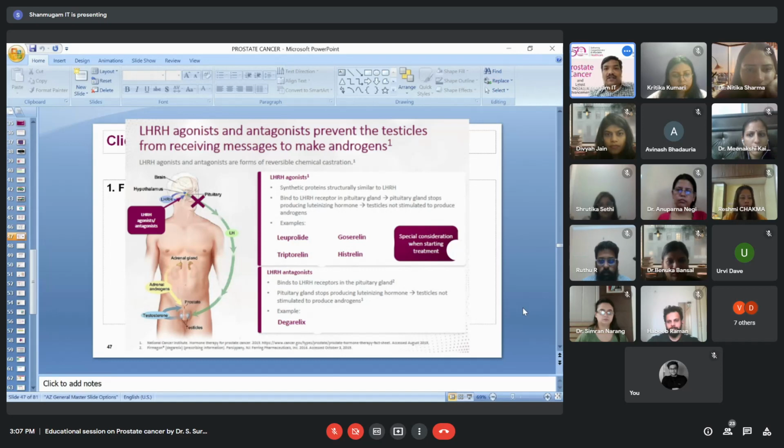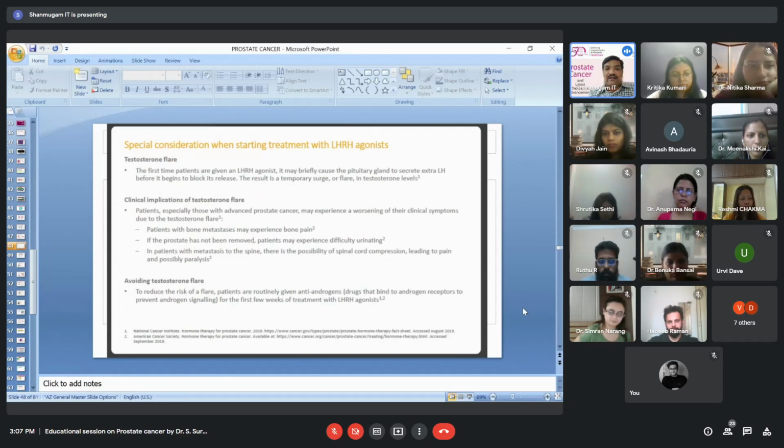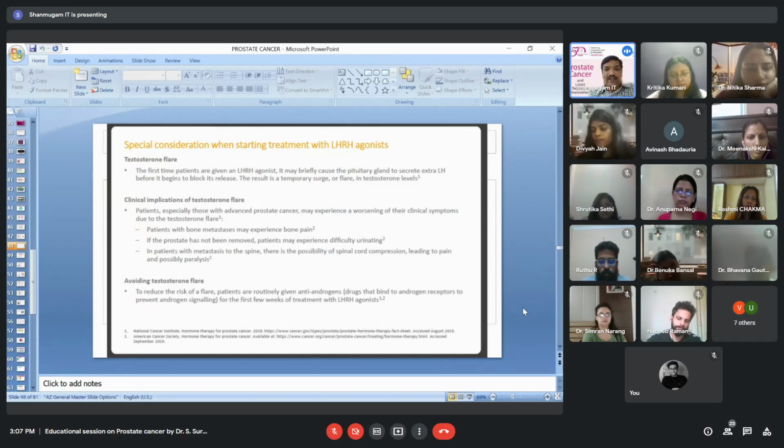So, as we have discussed, LHRH agonist and antagonist. When we start an LHRH agonist, the patient can have something called a testosterone flare, because the stimulation of the pituitary gland results in a temporary surge in LH, which can result in increased body pain or difficulty in urination.